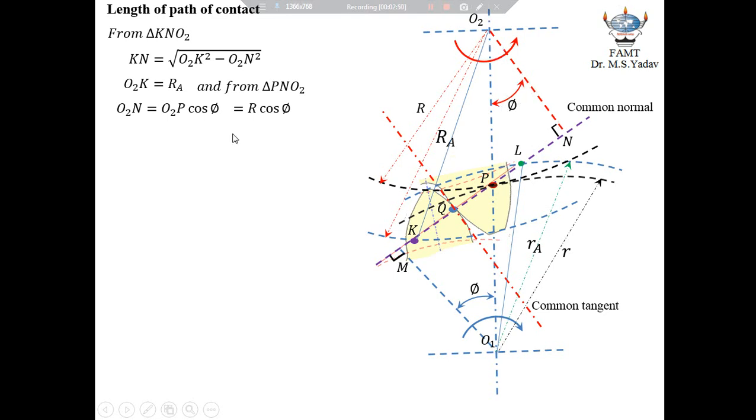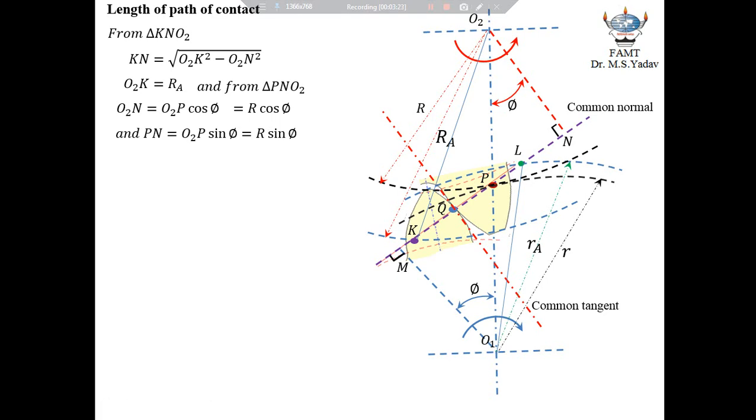Since O2P is equal to capital R, that is pitch circle radius of wheel, we can write O2N equal to capital R cos phi. Also from the same triangle we can write expression for PN as O2P sin phi, and once again since O2P is equal to capital R, PN is equal to capital R sin phi.